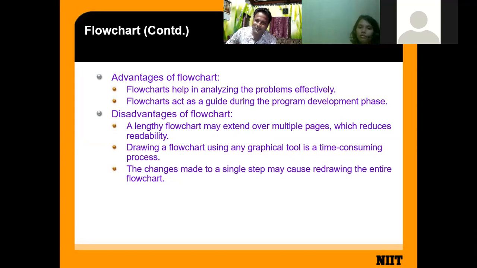Subhalakshmi, Subhasri, what problem are you facing while you are drawing? Sir, when we draw an outline, if we make a mistake, then the whole drawing is spoiled.